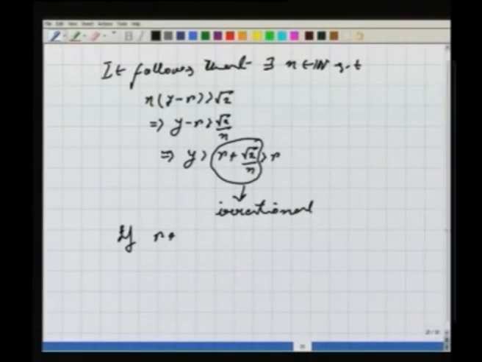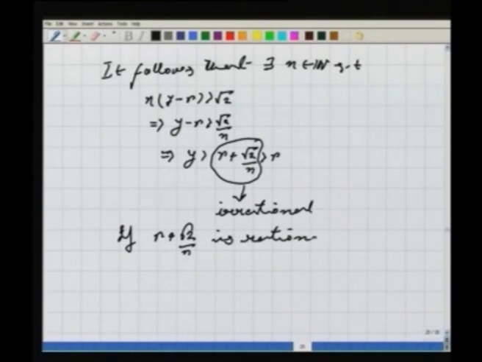So, if r plus root 2 by n is rational, then so is r plus root 2 by n minus r, because the difference of two rational numbers is a rational number, and I have assumed that r is a rational number, right.